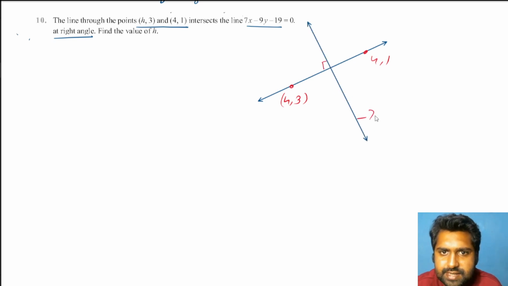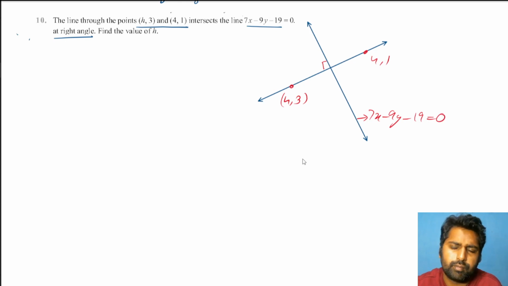This line's equation is 7x minus 9y minus 19 equals to 0. Okay, he's saying find h.